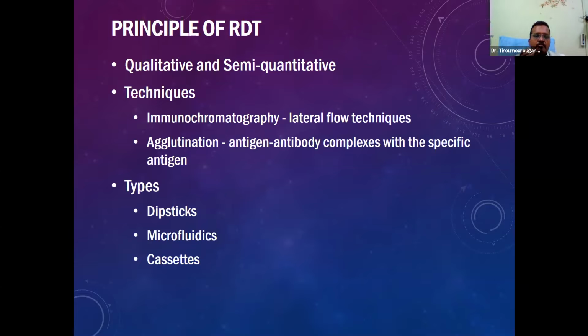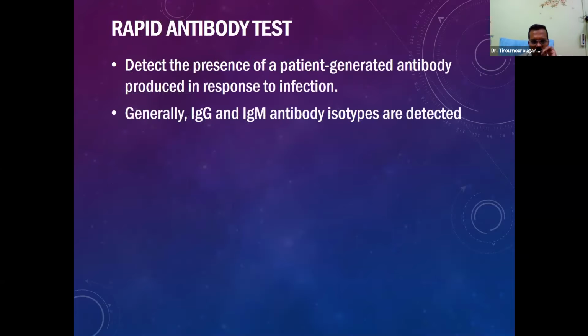Most of them use immunochromatography, which is a modification of the lateral flow technique, which we'll discuss in detail a little while from now. Or we can use agglutination tests, which are antigen-antibody complexes with a specific antigen. The ones we commonly come across would be dipsticks, microfluidics or cassettes, which we use in our operations.